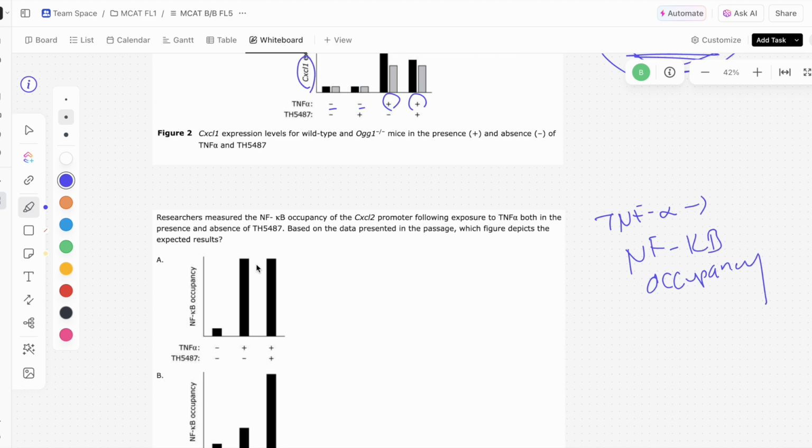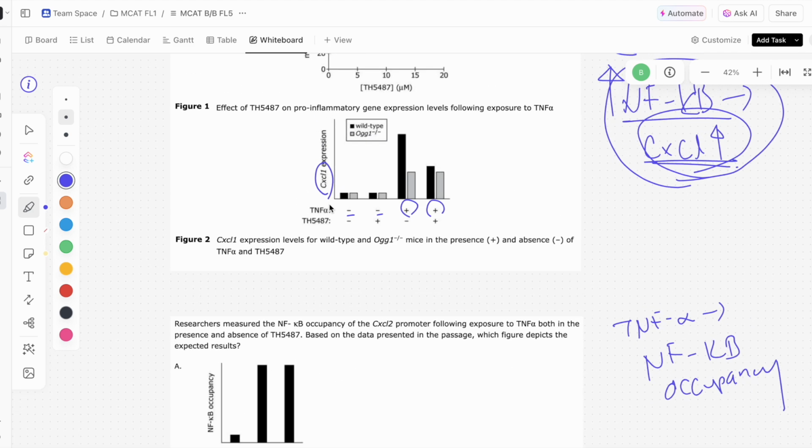Okay? Now, what about TH5487? Remember, when we compare these two data sets, one without and one with TH5487, let's look at these bands specifically. What happens when we have OGG1, what happens when we have TH5487? We see a decrease in CXCL1 expression.